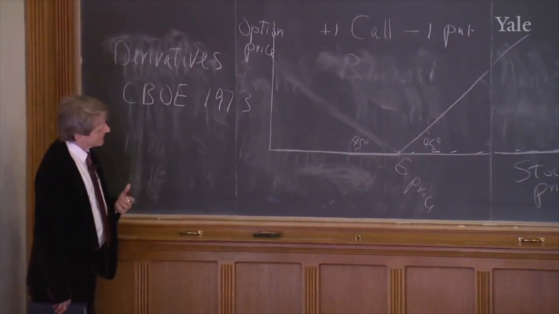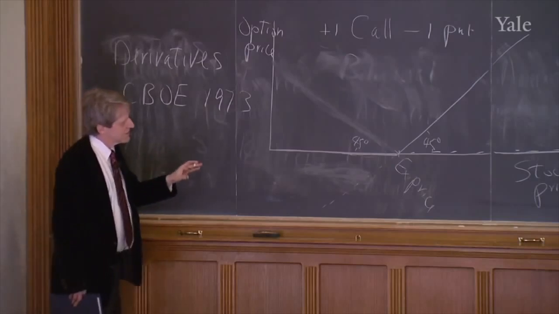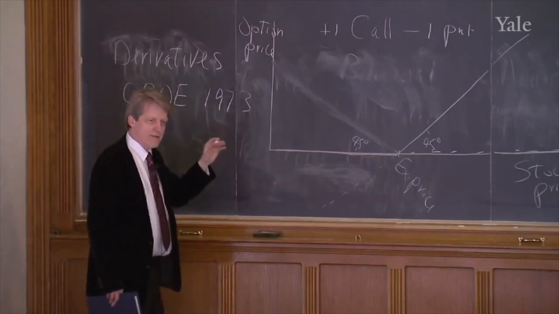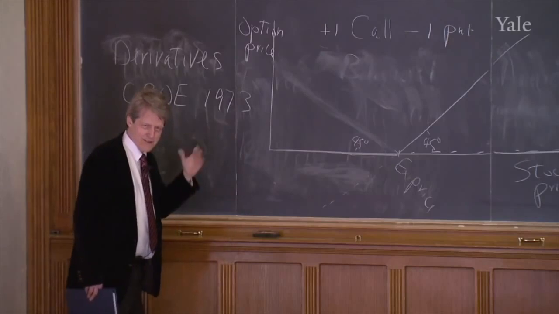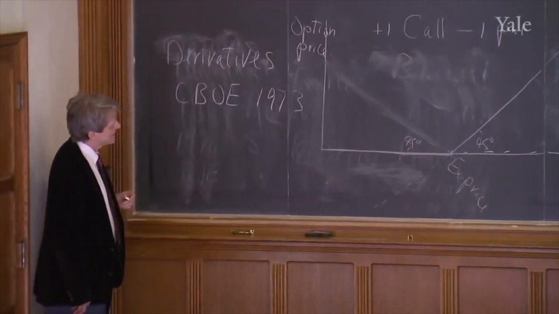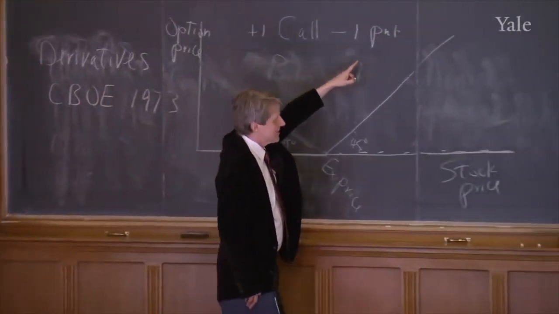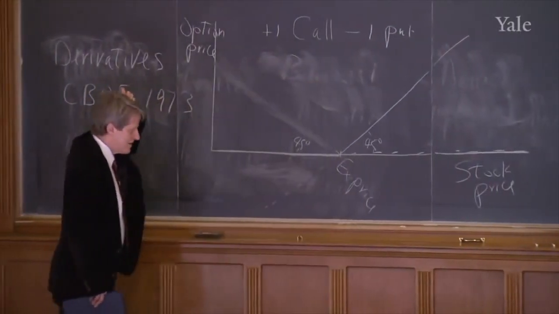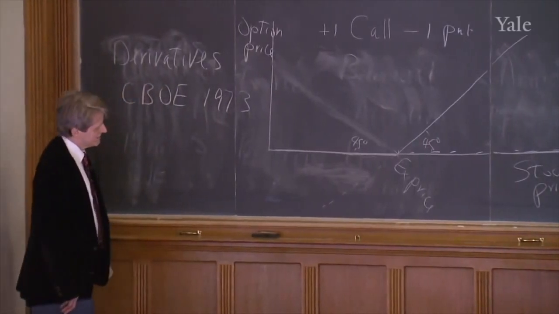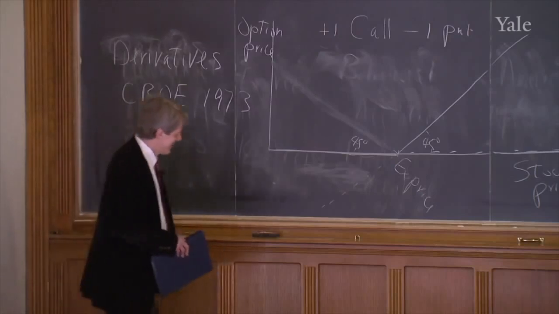So the value of my portfolio is equal to the stock price minus the exercise price. Simple as that. And my portfolio can be negative now because I've shorted something. I can have a negative portfolio value. That's very simple. You can see that.